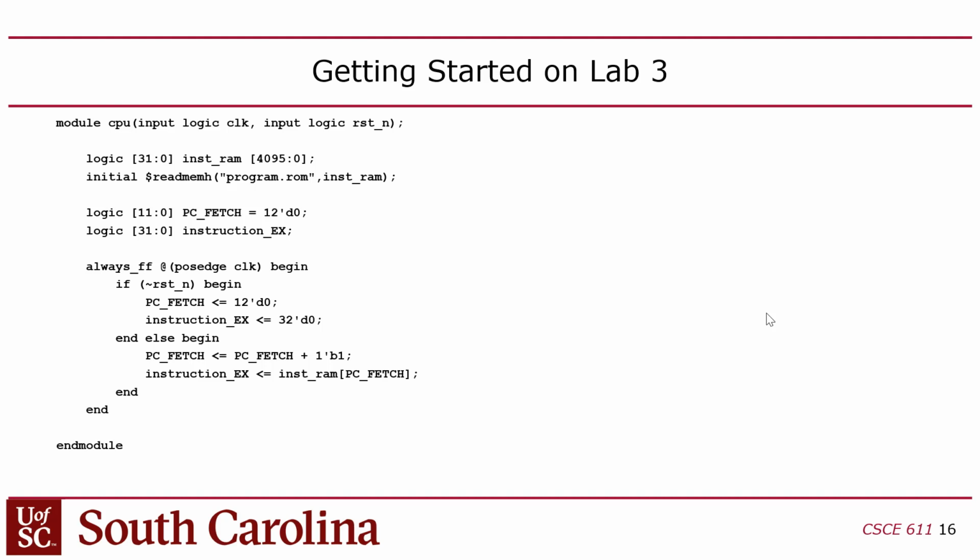That gives you up to 4096 instructions. You can actually make it bigger than that if you want, but your code is going to be less than 100 instructions, so there's really no reason to, right? So that would give you 4096 times 32, about 128 kilobits of instruction memory, right?